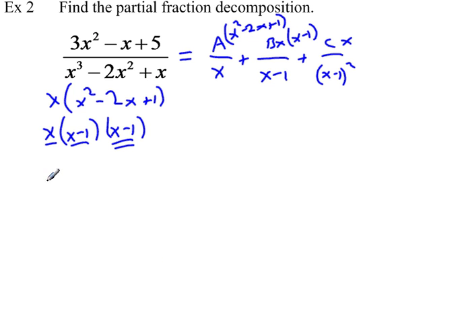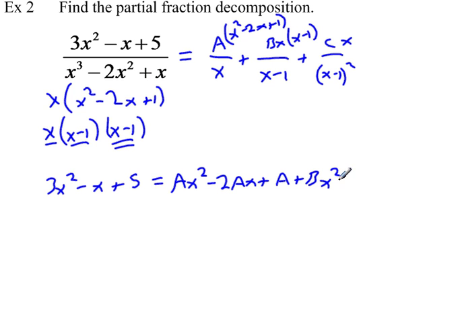So I'm going to write the numerator: 3x squared minus x plus 5 equals, now we need to distribute all this stuff. ax squared minus 2ax plus 1a plus, distributing again, bx squared minus 1bx, and then the last term is plus cx.